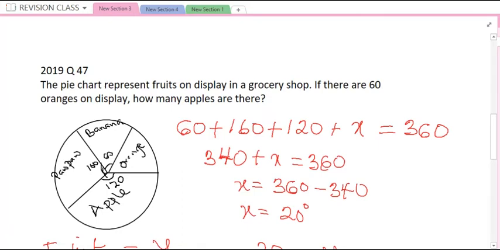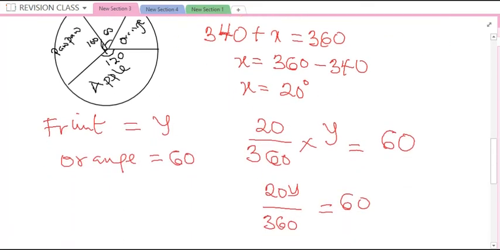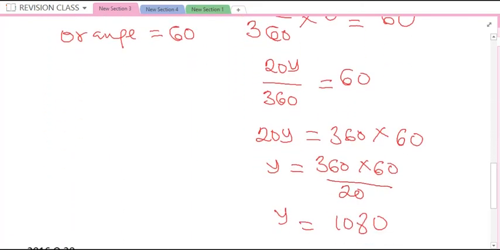If you look at the chart, the sector angle for apple is 120. So the number of apples on display will be 120 degrees over 360 degrees times the total number of fruits on display, which we just calculated to be 1080.